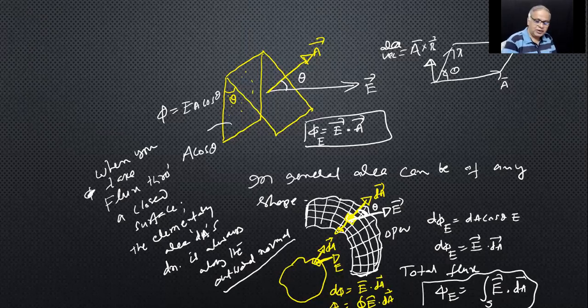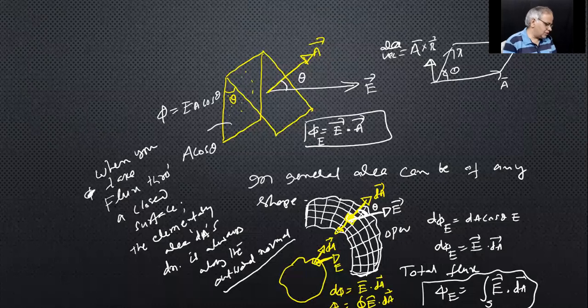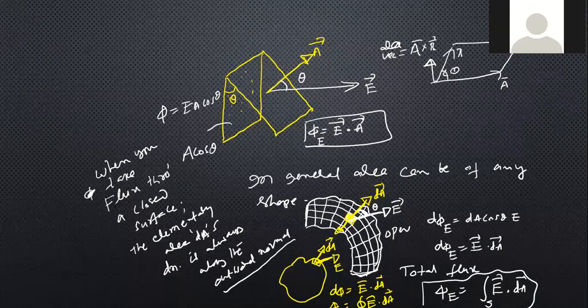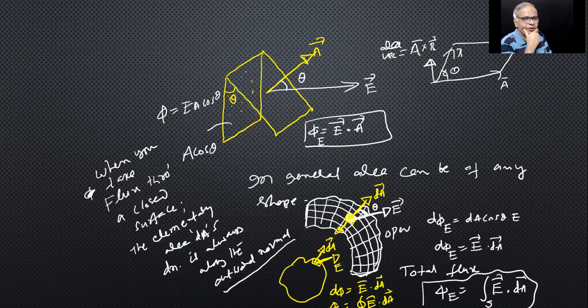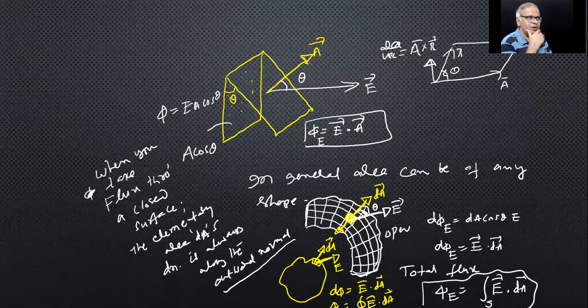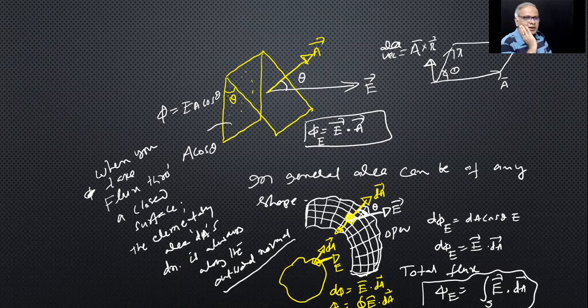I have not connected it yet to charge. I was only trying to tell you that number of lines by area is the density of lines. The density of lines is more, E is more in that region, we say. But the density of lines is only a subjective thing.